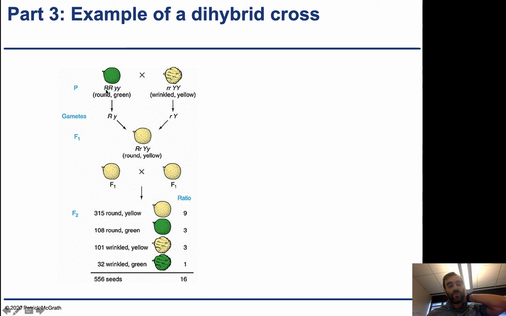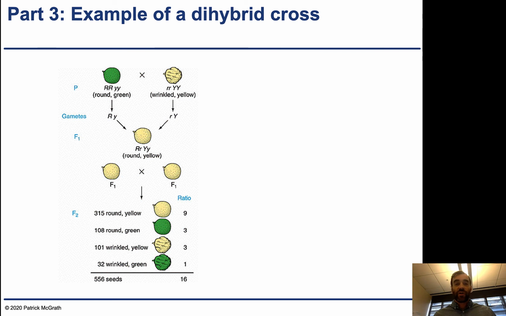So this individual is big R, little y, and this individual is little r, big Y. We do a cross between these two parents, and so the first thing that you need to do now is to figure out what are the gametes that can be produced by this individual. And the answer is that this individual can only produce one type of gamete. It has to produce a gamete that's big R, little y. This individual has to produce a gamete that's little r, big Y. And that's part of the definition of someone that breeds true.